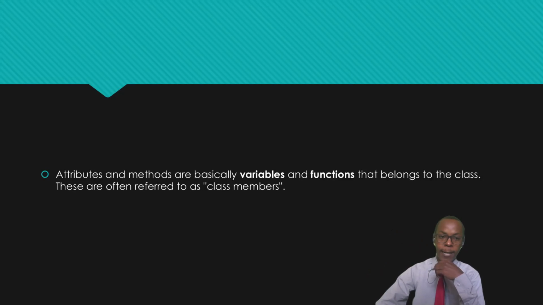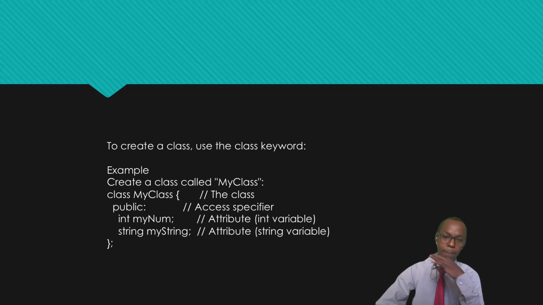In the previous class we said that the attributes are known as variables, and the methods are known as functions. These two things make what is known as the members of the class. We may have the data member or the method member. This is how we create the class.